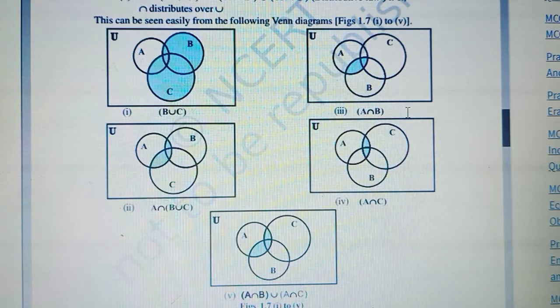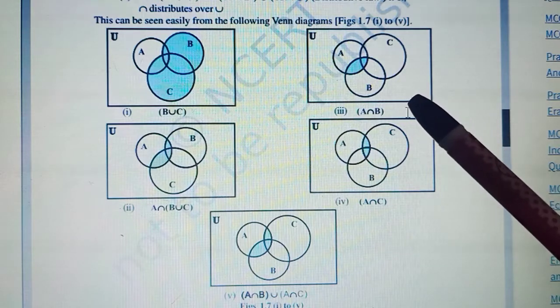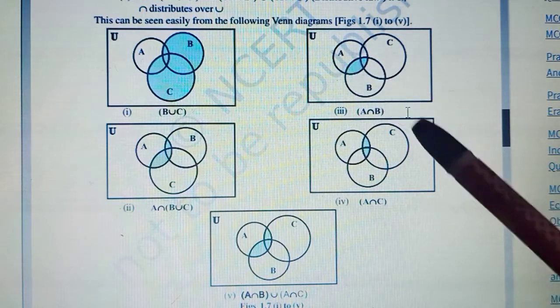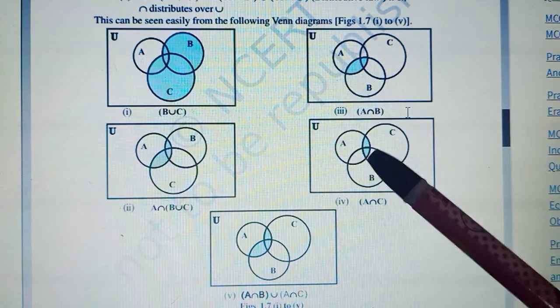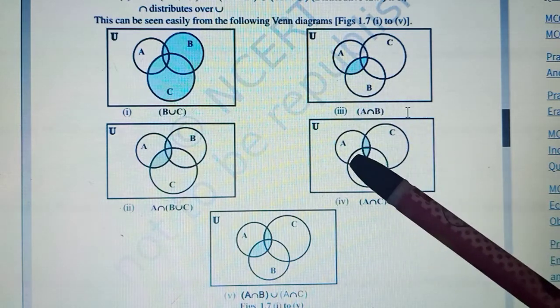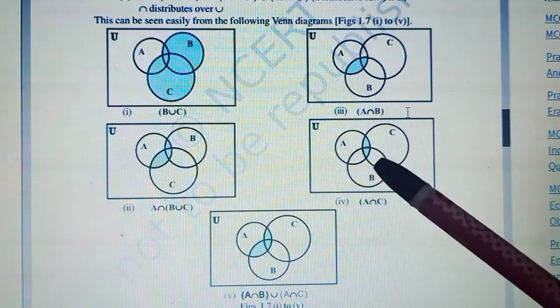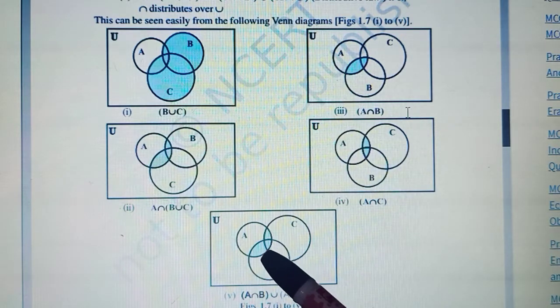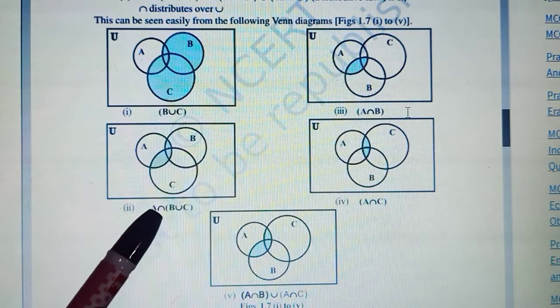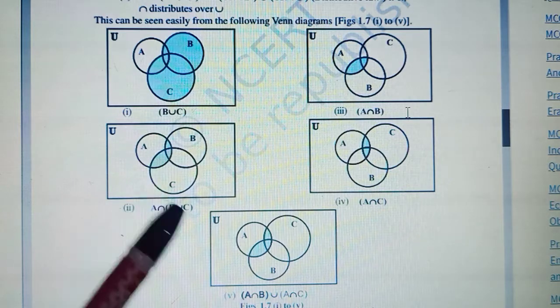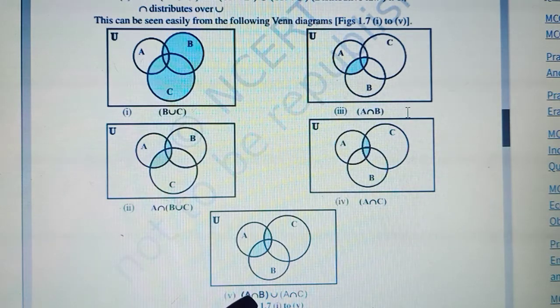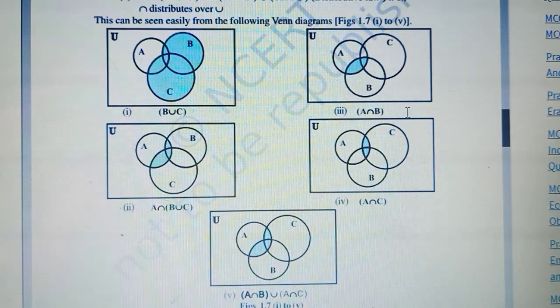Now if you consider A intersection B, which we have shown in this figure, this shading, and then A intersection C, that is this shading, now you have to take the union of these two. So this portion is shaded in the first, this in the second, so again you will get back this shading. From here you can compare that when you shaded A intersection (B union C), that came out to be this, and here A intersection B union A intersection C is also coming out to be the same. Hence verified that this law is true.